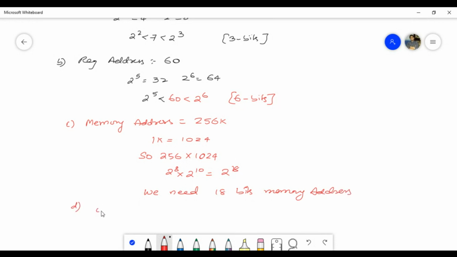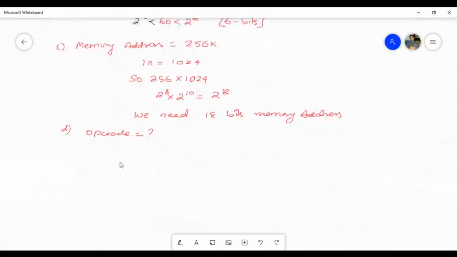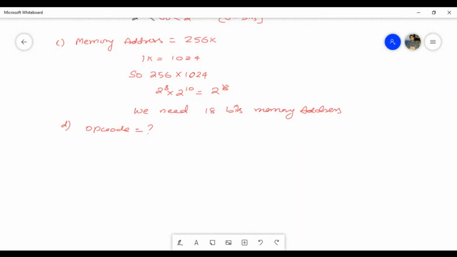Okay, so finally the opcode. How to find the opcode? What is the size of the control word? The size of the control word is equal to 32.